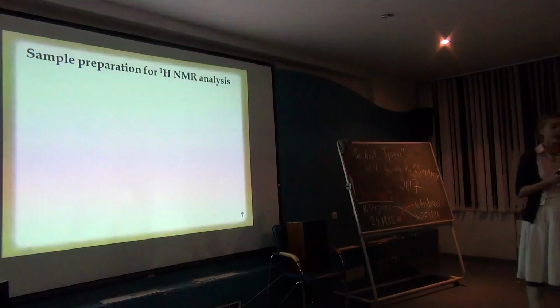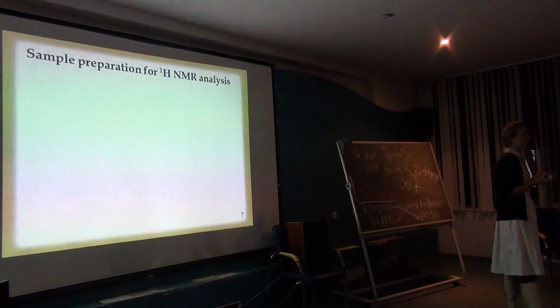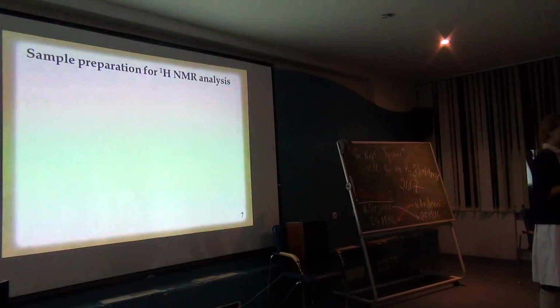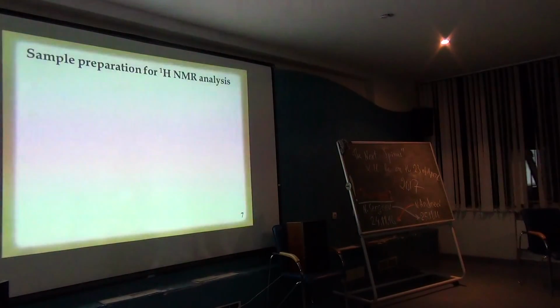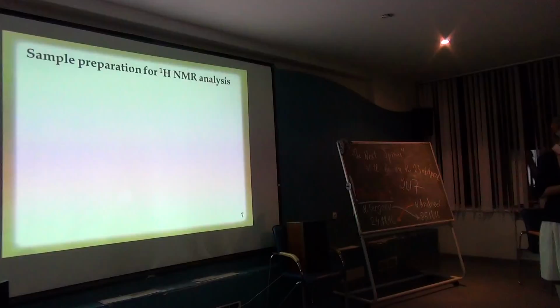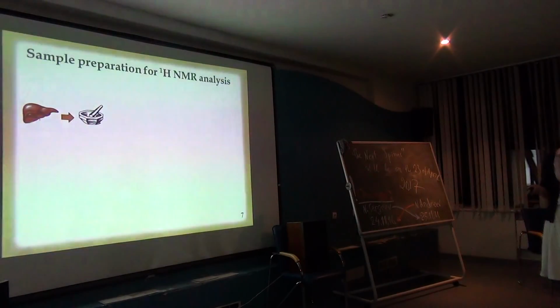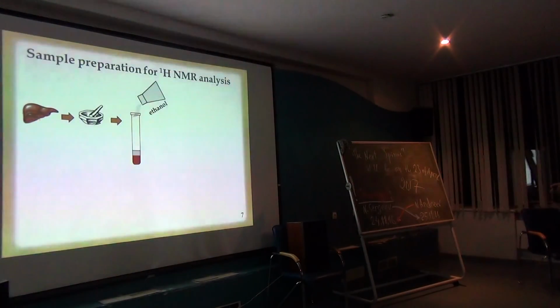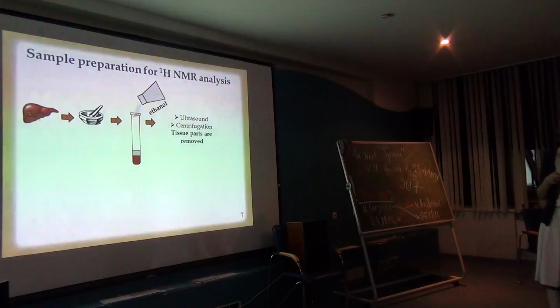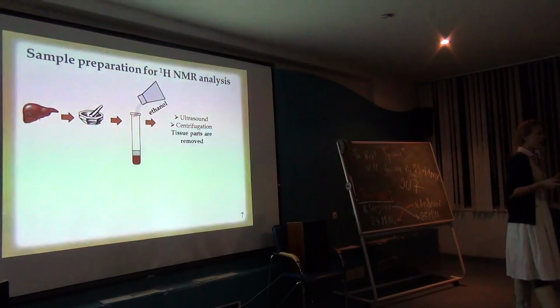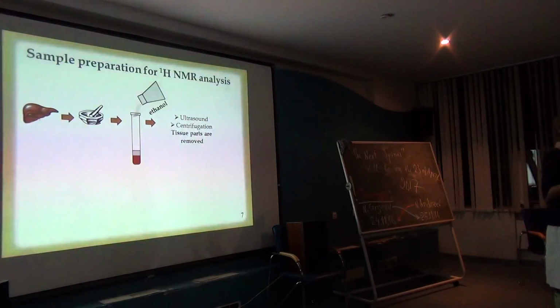As I said earlier, NMR spectroscopy and mass spectrometry require sample preparation. After literature analysis and approbation of some methods, we chose the following sample preparation protocol. At first, tissue is homogenized in ethanol solution. After that, the sample is ultrasonicated and centrifuged, and tissue parts are removed.